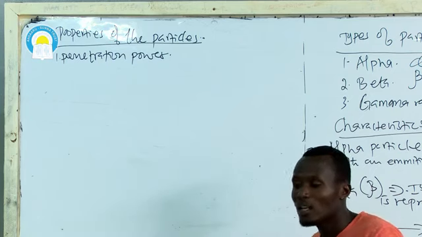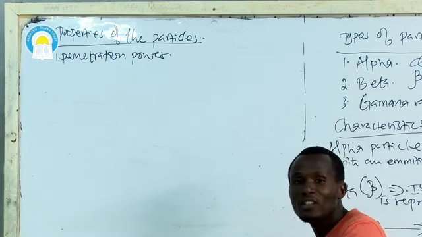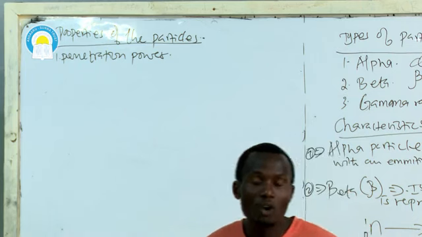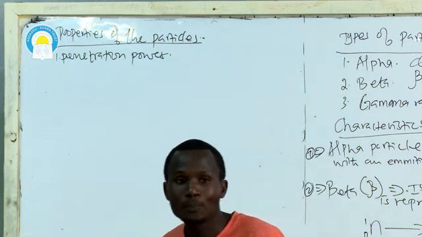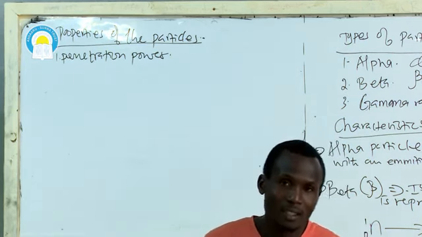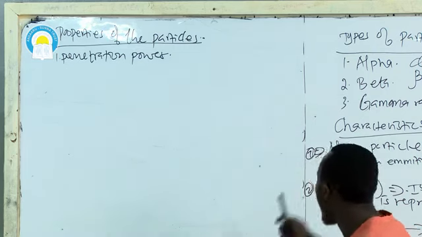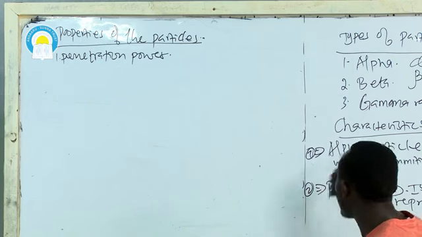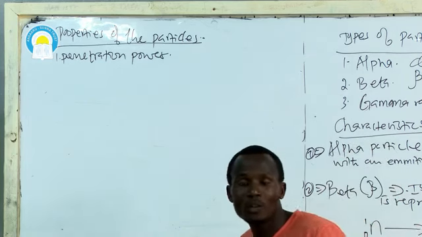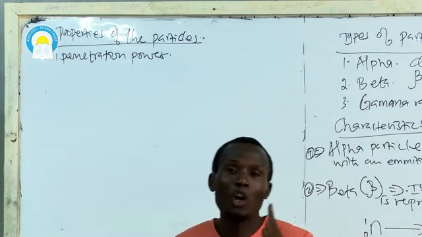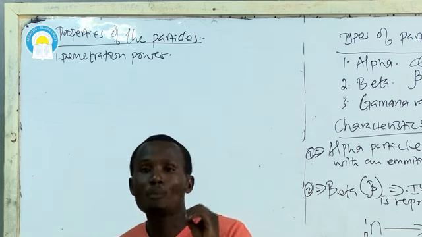That is to prevent these radiations from penetrating into the environment, or causing danger to the living organisms around. So the alpha particle has the lowest penetration power and is stopped by a piece of paper.